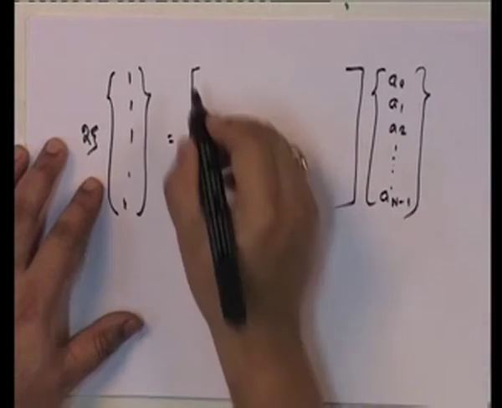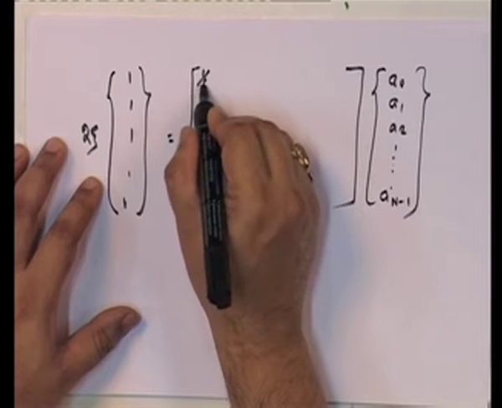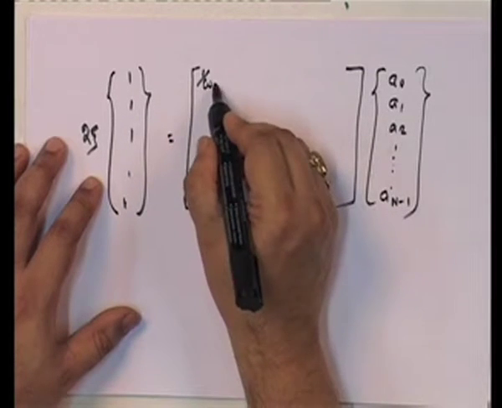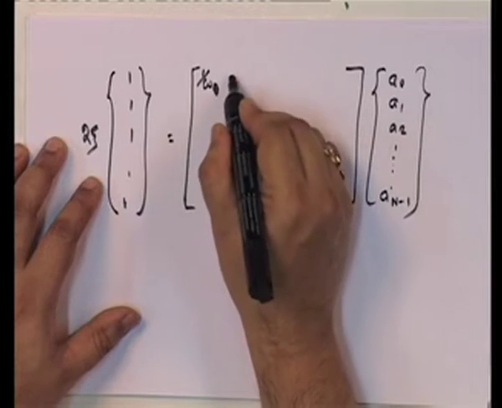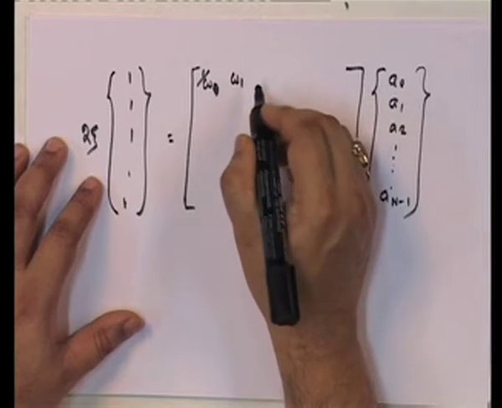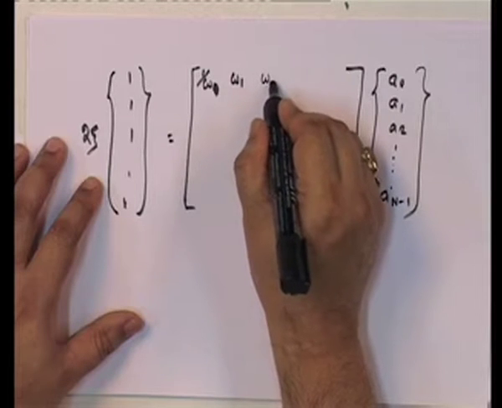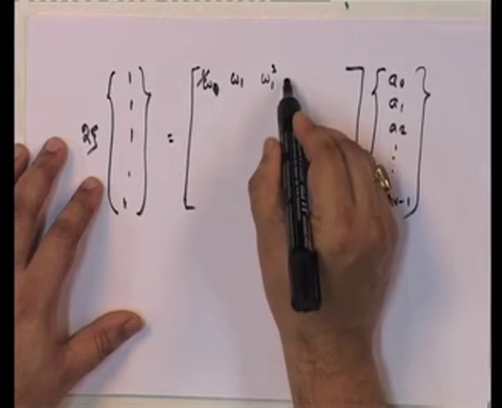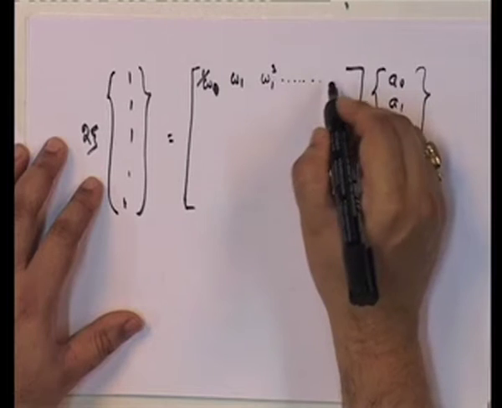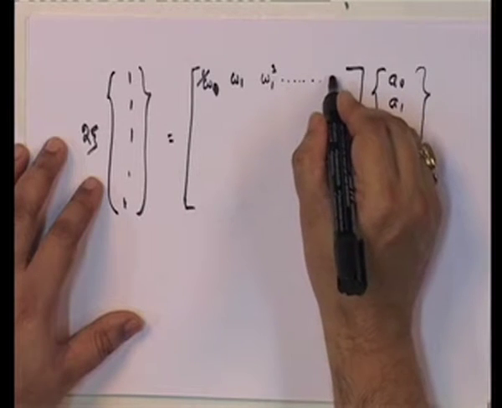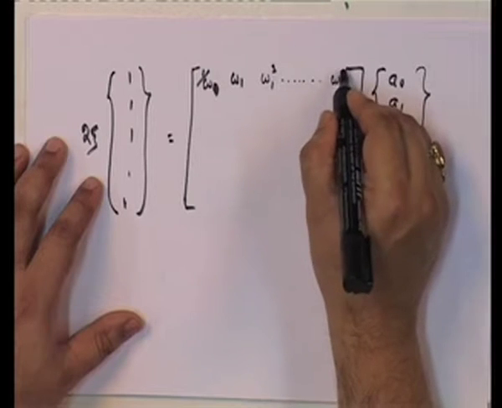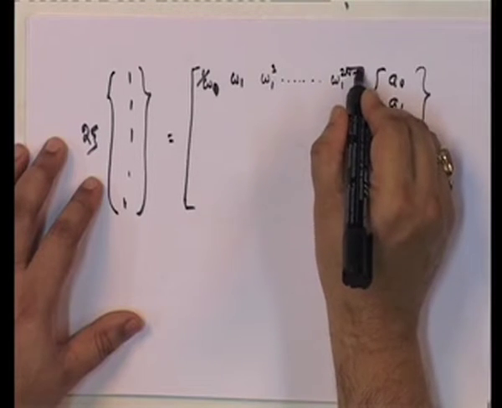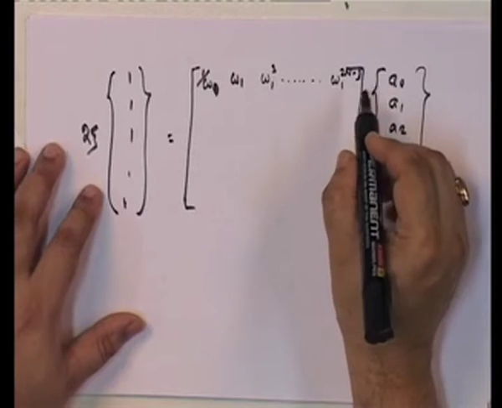And what are the values? This is 1 upon omega 1, the first mode, omega 1, omega 1 cubed, so on and so forth, up to omega 1 to n minus 3.